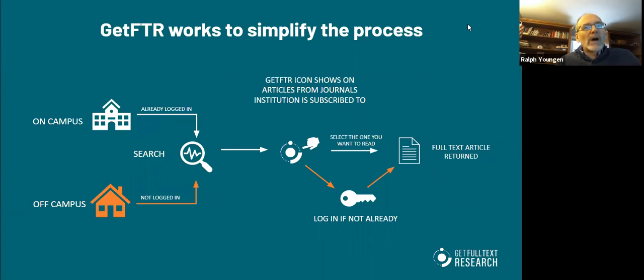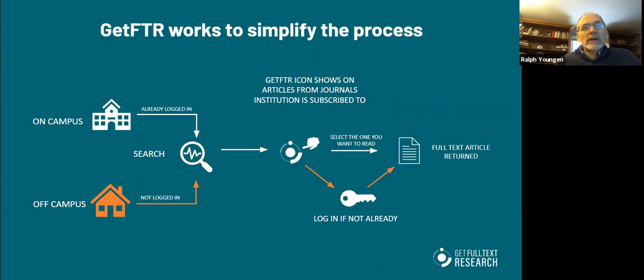So first, let's follow the upper white arrows here. If the user is on campus, already logged into their campus infrastructure, maybe they logged into something like Blackboard earlier in the day, and they do a search on one of these discovery services. They click on a GetFTR link that is surfaced through the discovery service, and they land directly on the content in question.